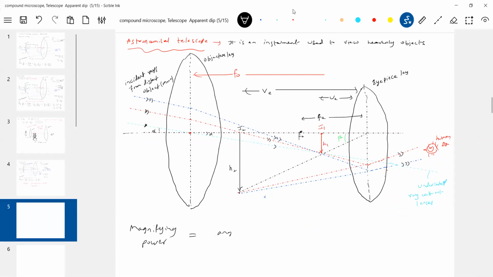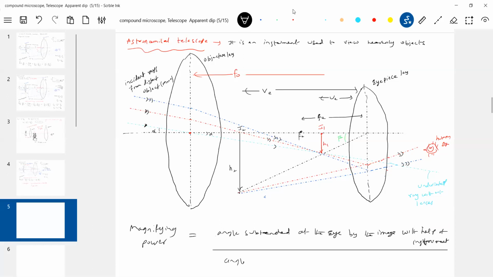It's defined as the angle subtended at the eye by the image with the help of the instrument, divided by the angle subtended at the unaided eye by the object, by the distant object. Okay, fine.